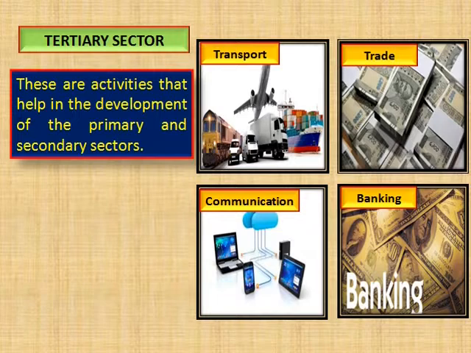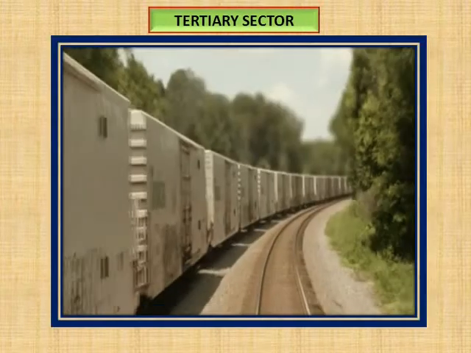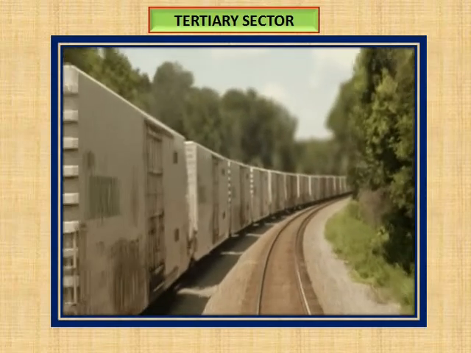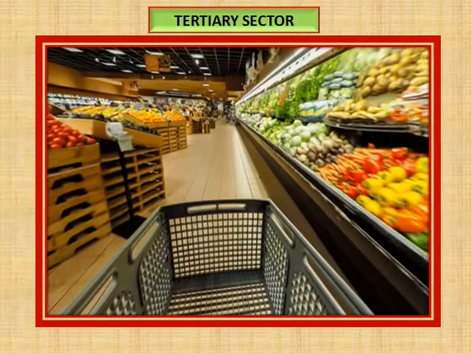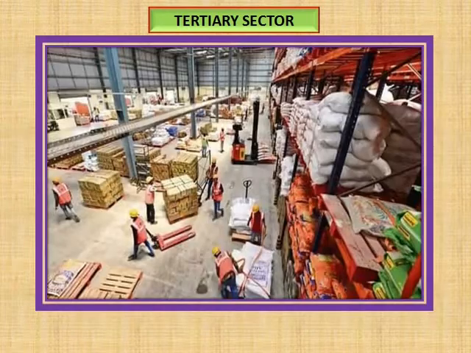For example, goods that are produced in the primary or secondary sector would need to be transported by trucks or trains and then sold in wholesale and retail shops. At times, it may be necessary to store these in godowns.